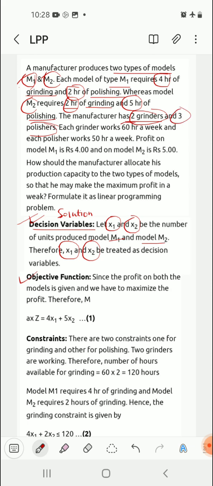Each of the grinders is used for 60 hours a week, and each polisher works for 50 hours a week. Profit on model M1 is rupees 4 and M2 is rupees 5. Now, how should the manufacturer allocate this production capacity to the two types of models?